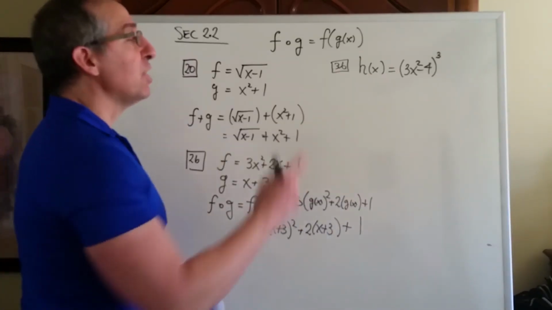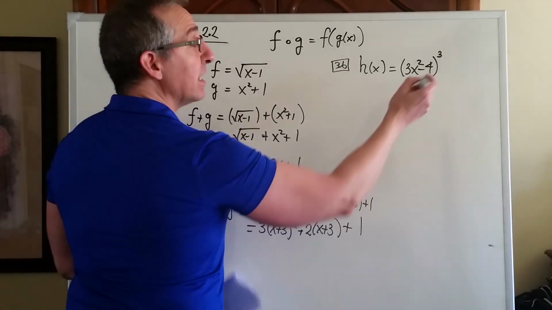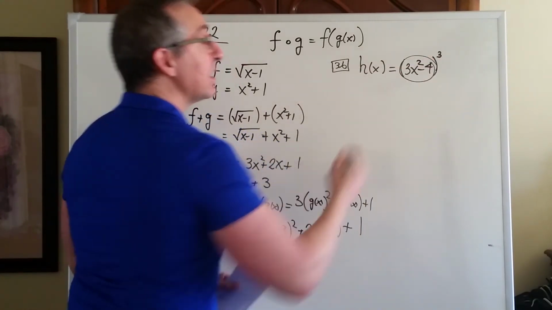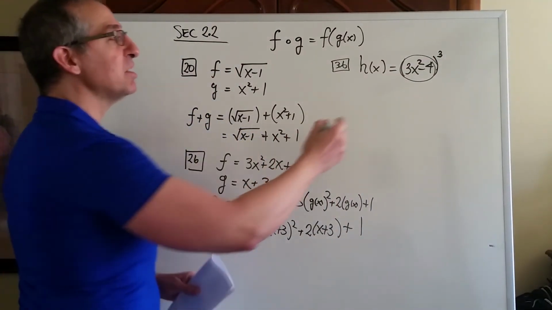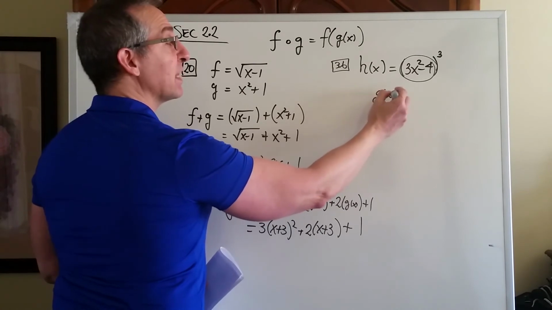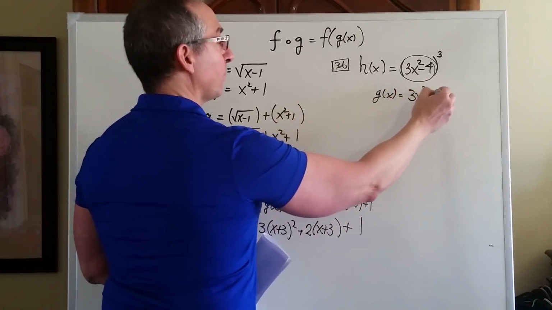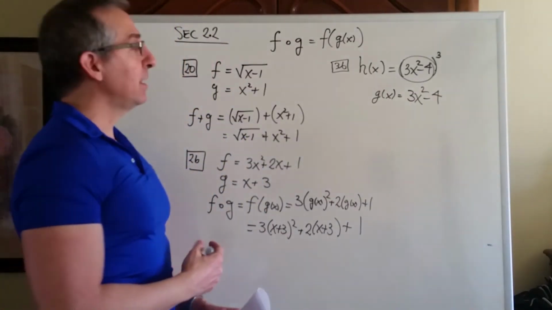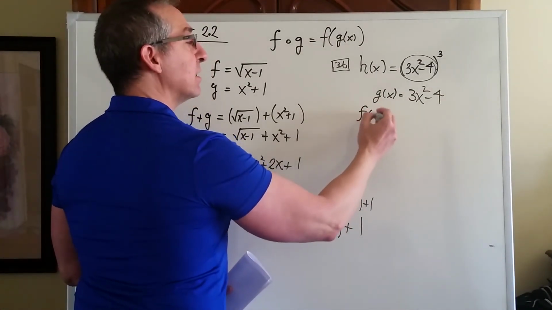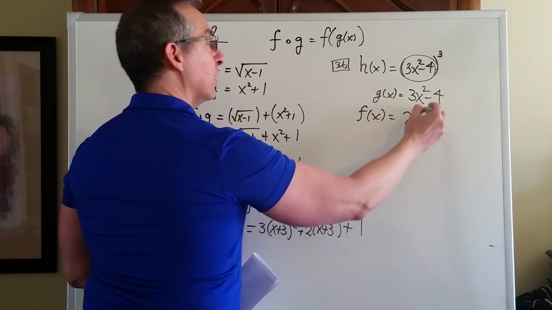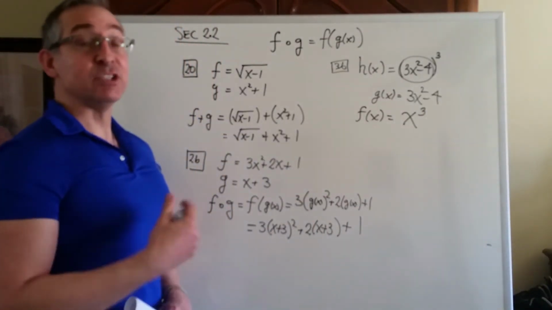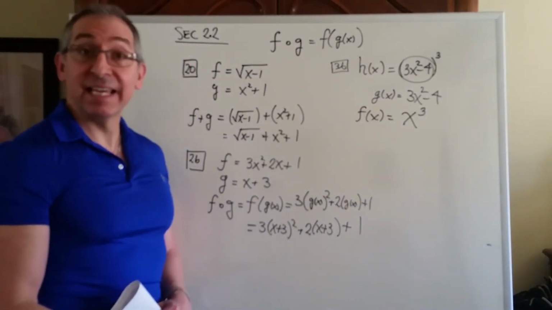In other words, what function did you drop inside of what function? Okay? So here, I'm going to say that polynomial, gang, looks to me like my g of x. And so my f of x would be x to the third. Now don't take my word for it. Check it.